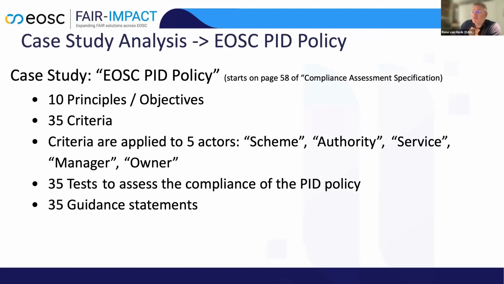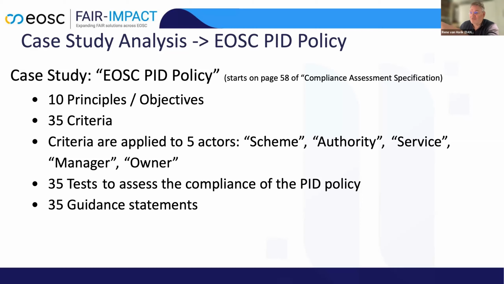Now you see a quite impressive list of things here. There are 10 principles and objectives discovered in the PID policy that have a relation with 35 criteria. Think back to the criteria we just entered in the Slido: it should be long-term, persistent and globally usable.